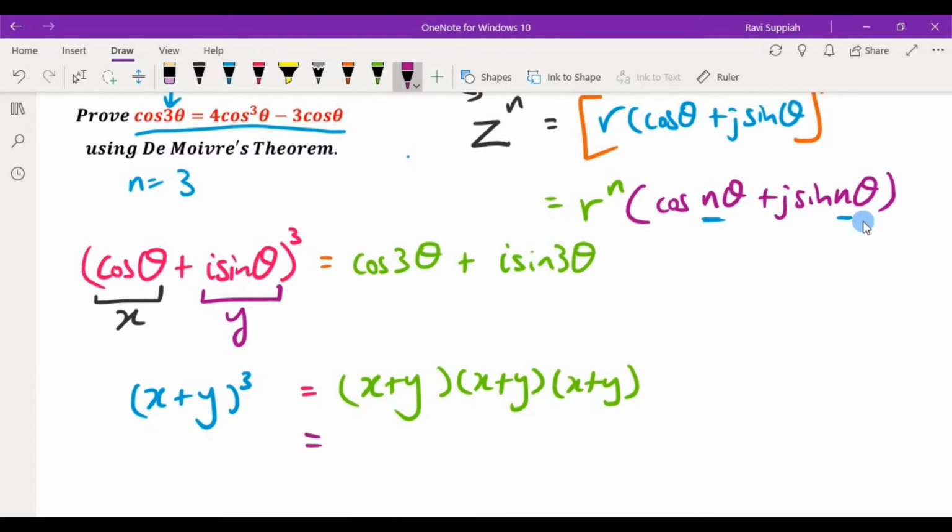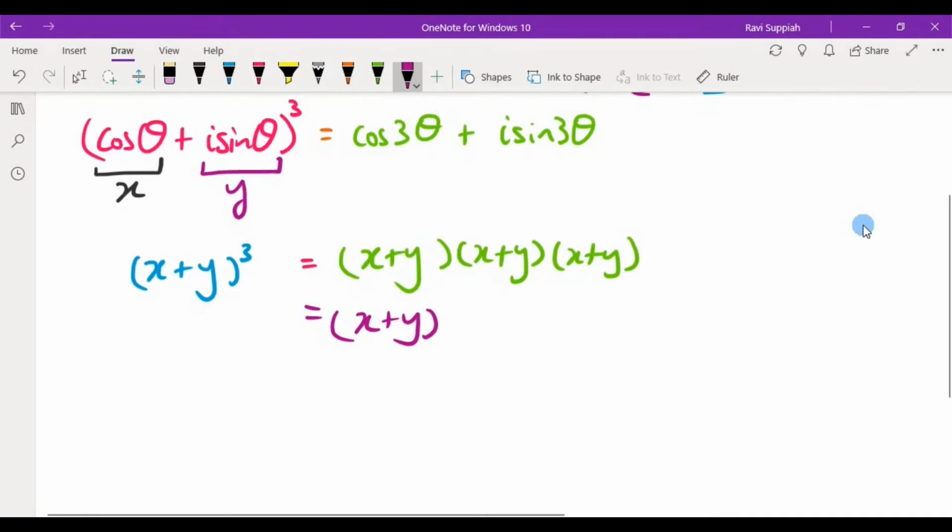Let's keep the first bracket and expand the second and third brackets using the normal expansion approach. What you will get is x squared plus 2xy plus y squared.